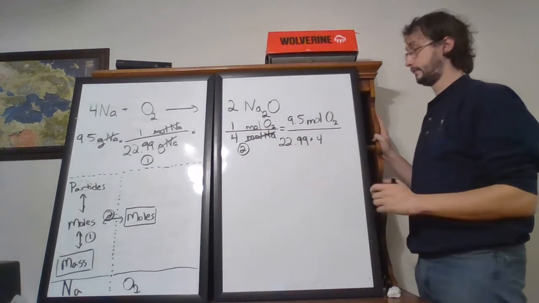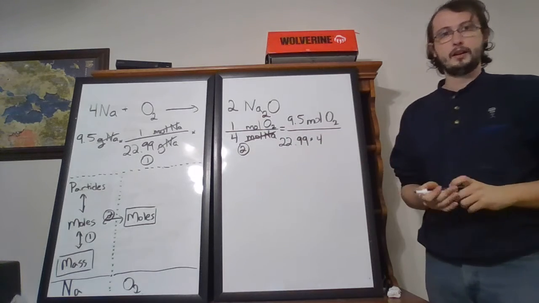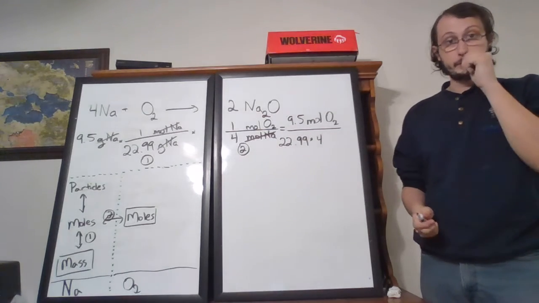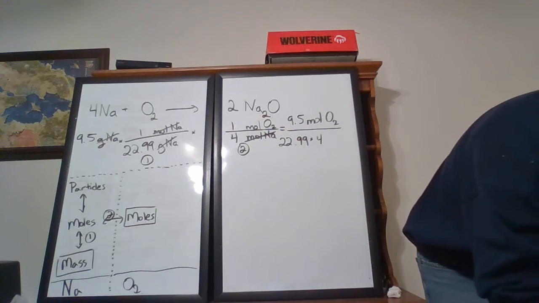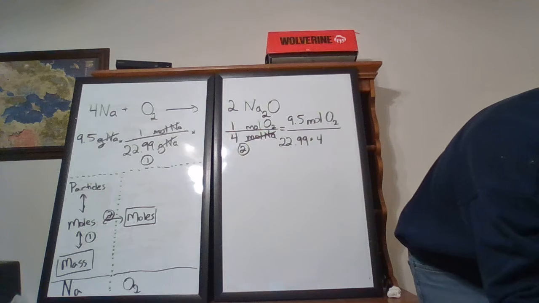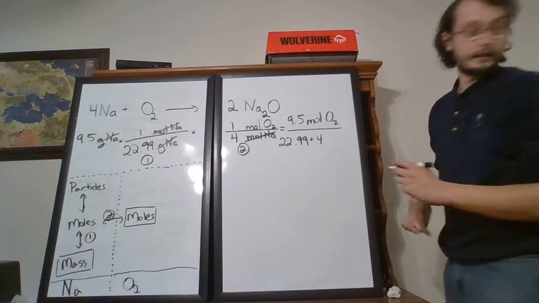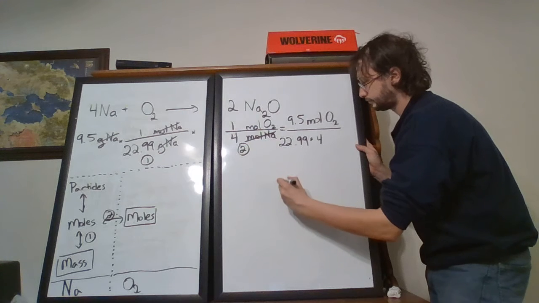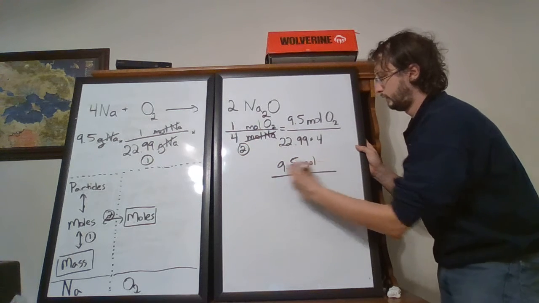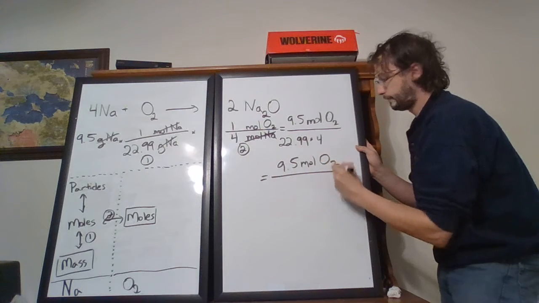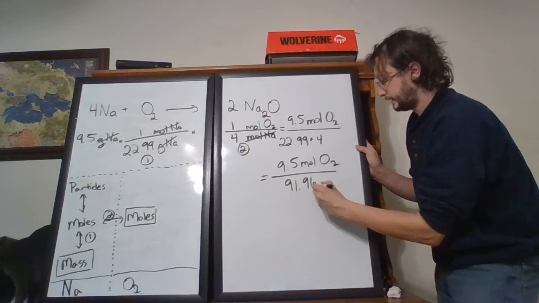So let's actually combine this part of the bottom because I don't know if you all have graphing calculators, but you all should have at least 4 function calculators on your phones. So we'll do 22.99 times 4, and the calculator tells me that it's 91.96. So 9.5 moles of O2, and in the denominator we now have 91.96.